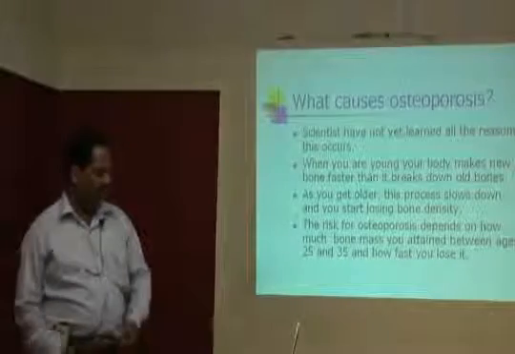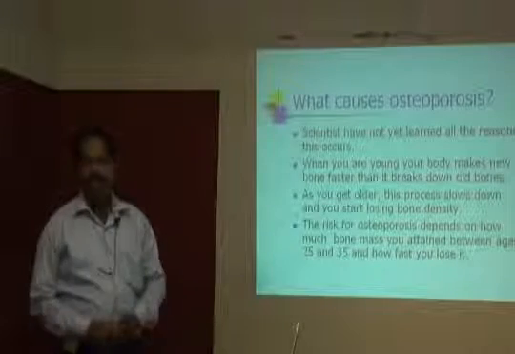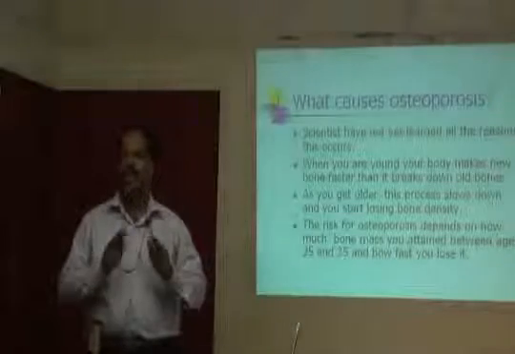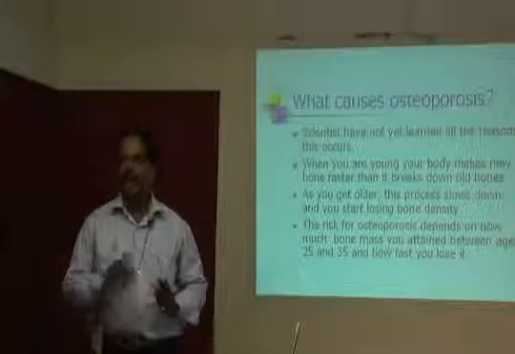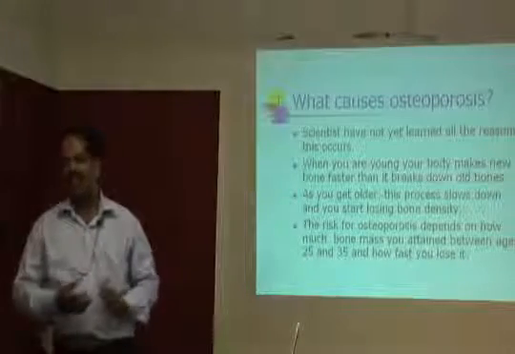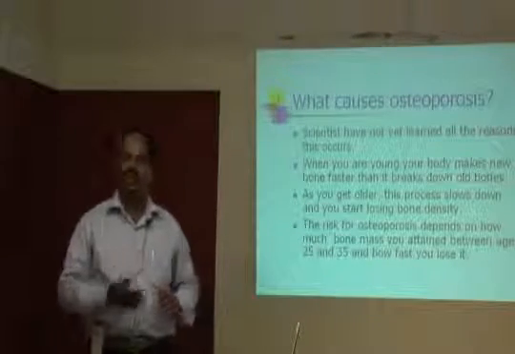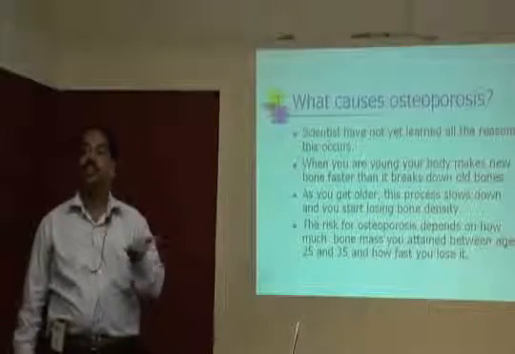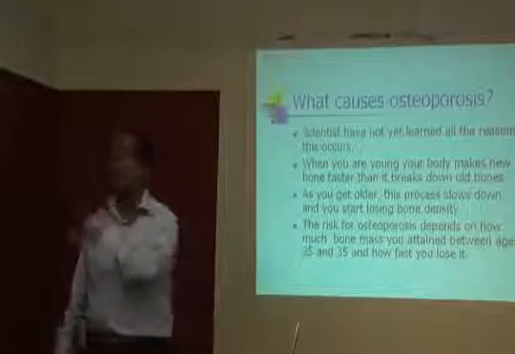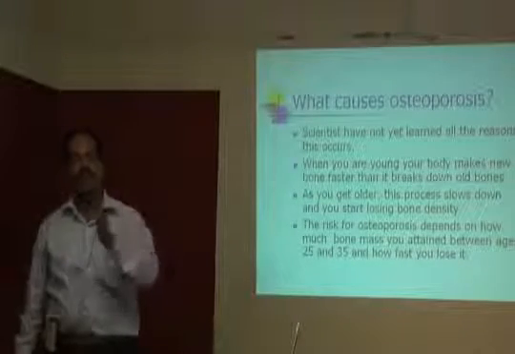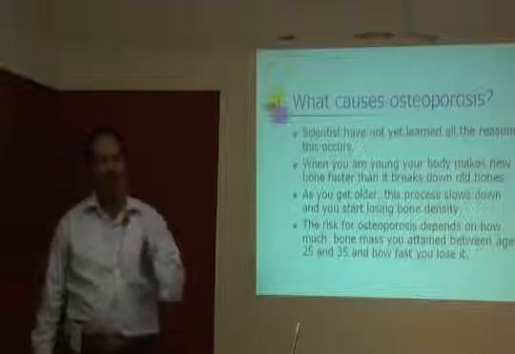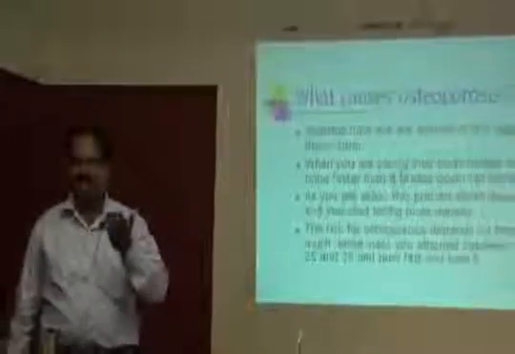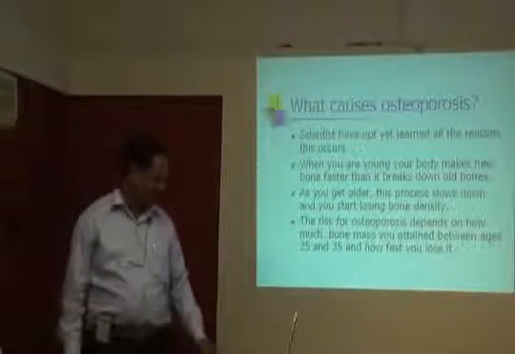What causes osteoporosis? When we are young, we consume a lot of calcium, and this calcium gets deposited into the bone. The bone becomes thick. After the age of 20 or 25 years, calcium consumption is less while utilization stays the same. When calcium consumption is less and utilization is more, the calcium level of the bone starts getting lower.